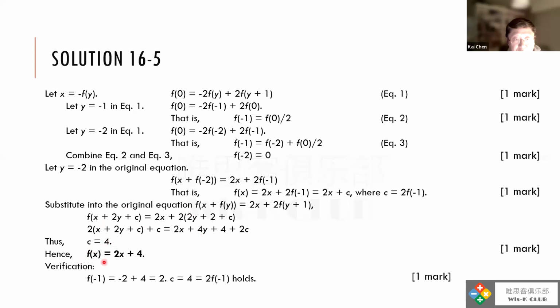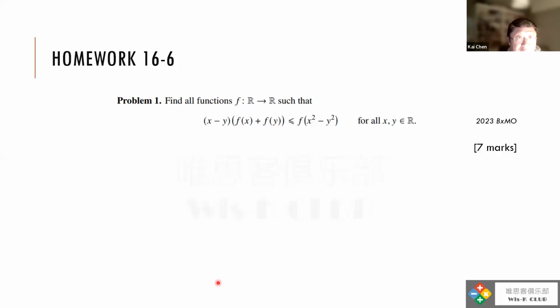And then you get the full expression of its function. You can also do some verification to see if c is indeed 2 times f(-1). You can plug in x is minus 1, so you get 2. Yeah, indeed, c is 4. C is 2 times f(-1).